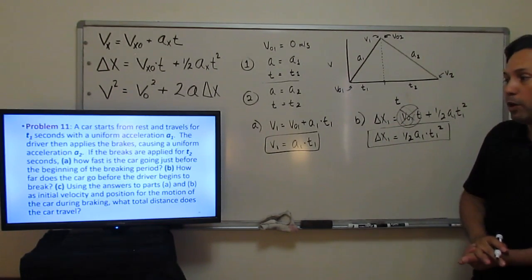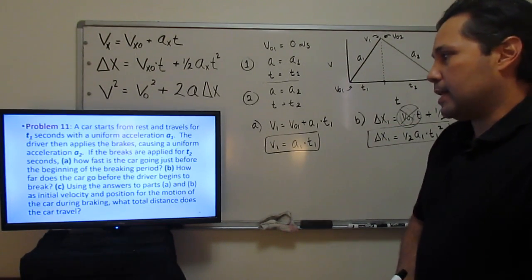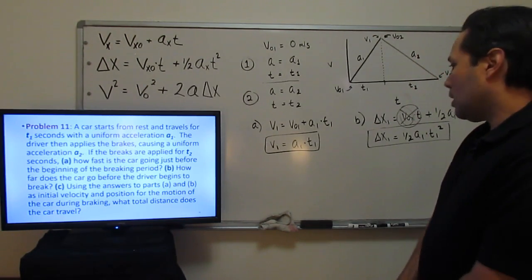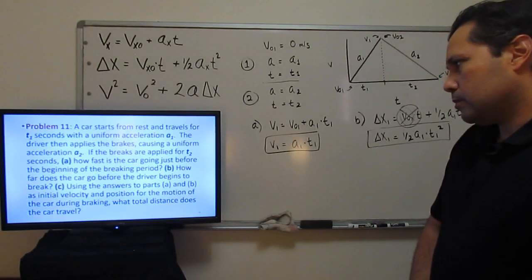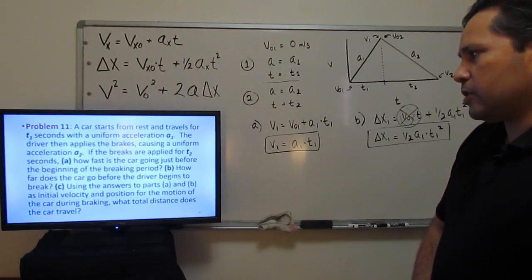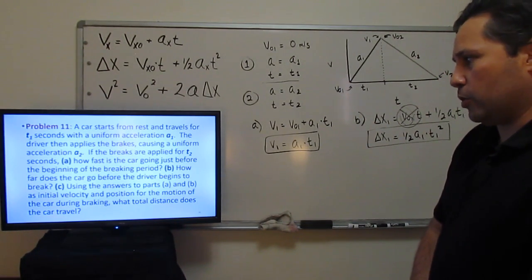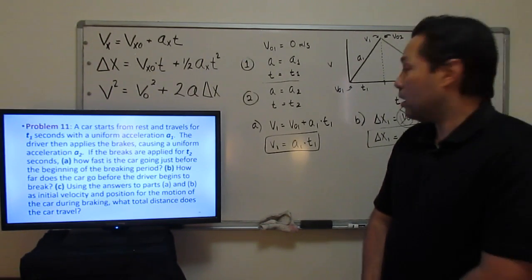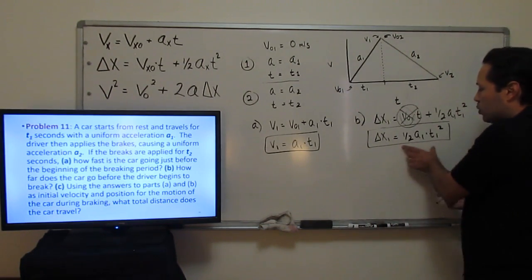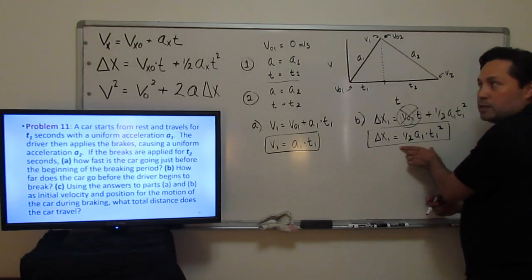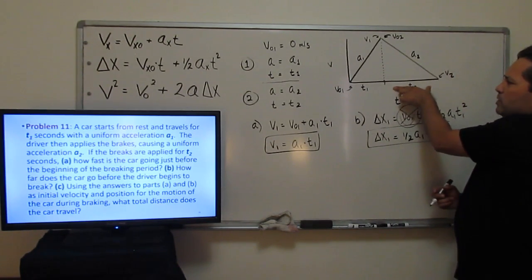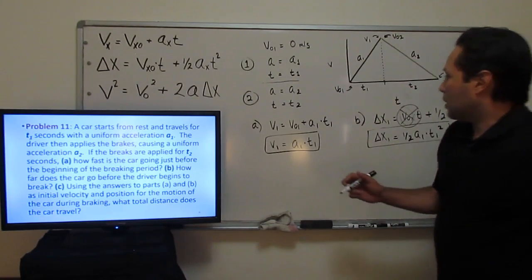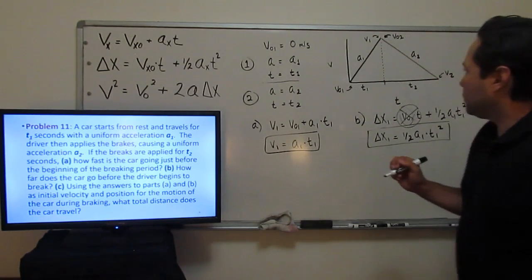So that would be your answer for part B. Alright, part C. It says, using the answers from A and B as the initial velocity and position for the motion of the car during the braking, what is the total distance of the car? Alright, so we do have the first part of the journey, that's a distance for this section. They want to know, what's the distance for that journey right there? Let's solve for that.